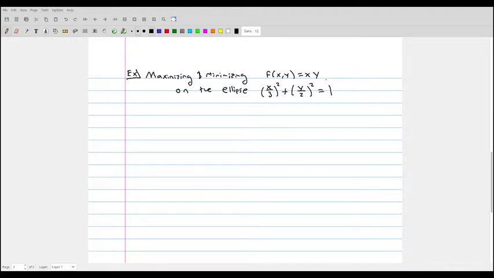So we have a function that we're trying to maximize, and we have our constraint, which is that the function g of x, y is equal to 1. That's the curve given by the ellipse.